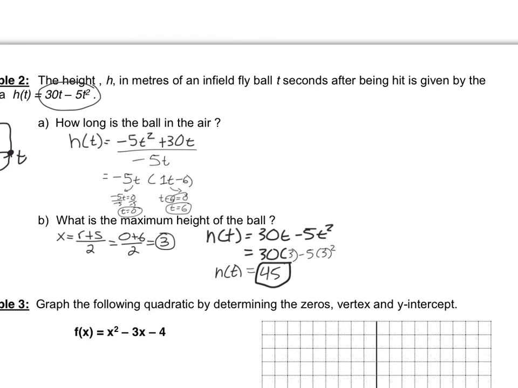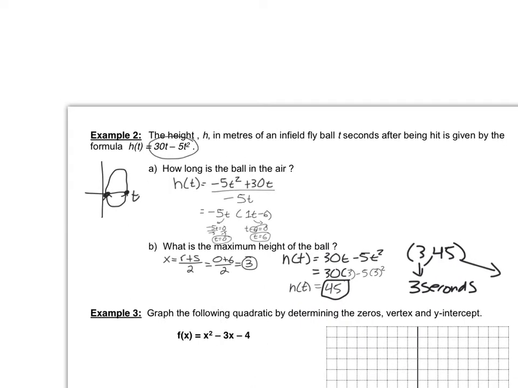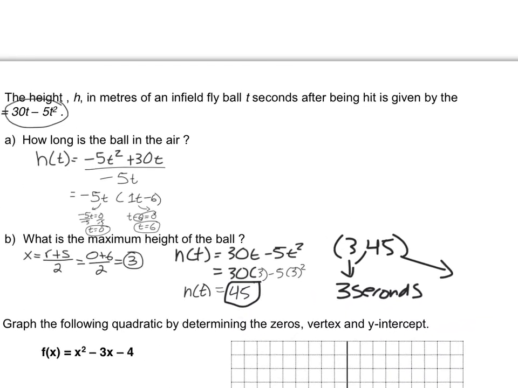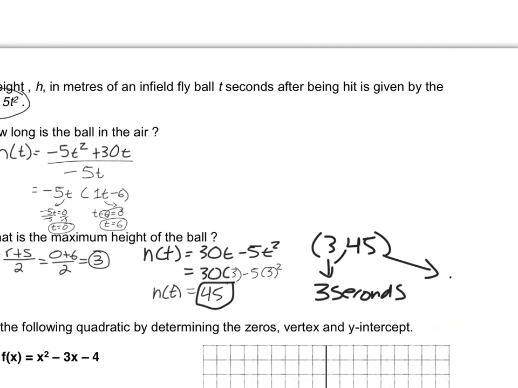So when does it occur? The vertex is at 3 and 45. And for us, 45 carries a meaning, and 3 carries a meaning or a unit with it. The 3 is 3 seconds, and 45 is in meters. So 45 meters.